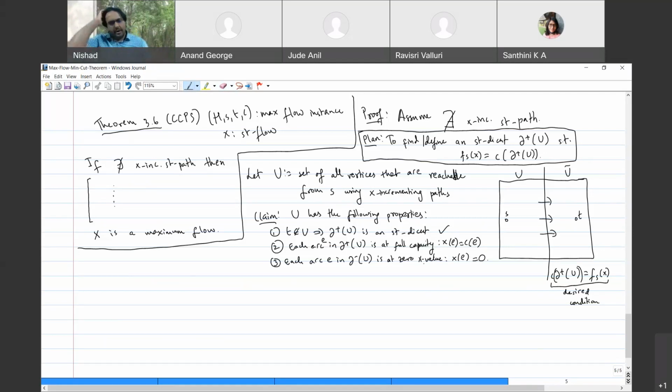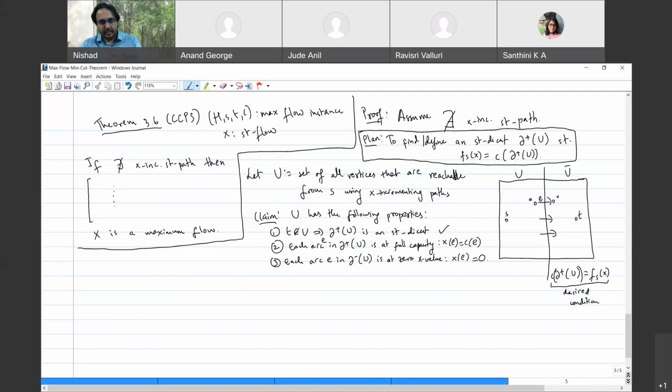Can anyone in the call tell me why property 2 is true? Why is it true that if I look at an arc e going from little u in capital U to little v in U bar, this arc is at full capacity? What would the contradiction be otherwise?